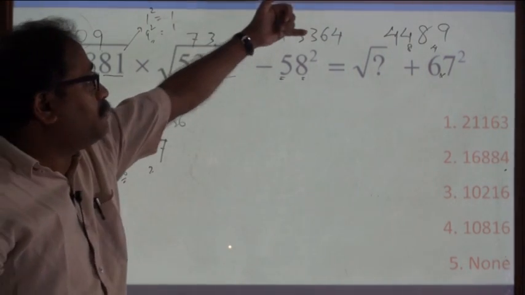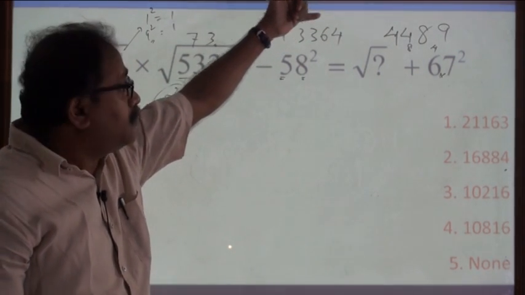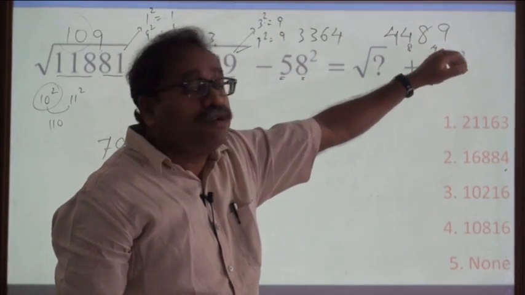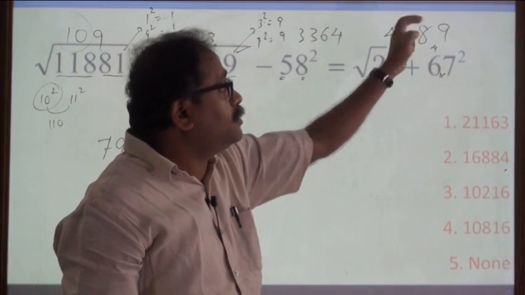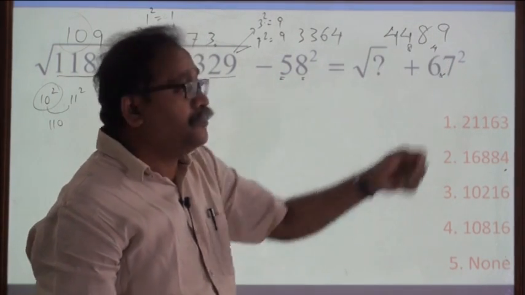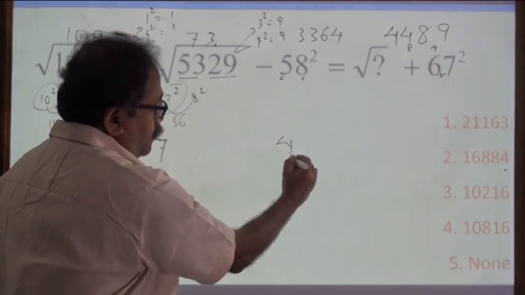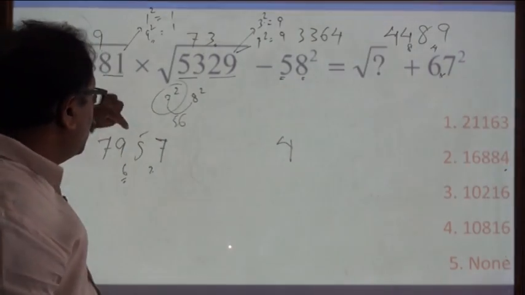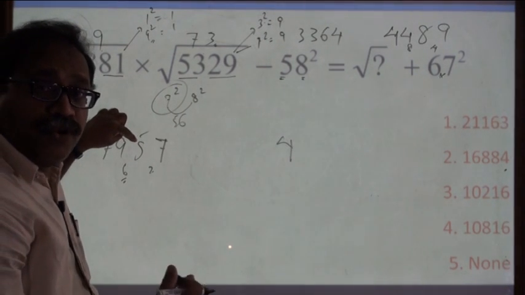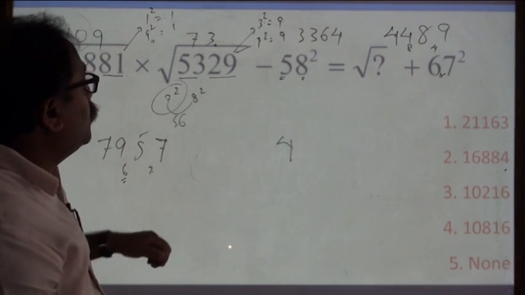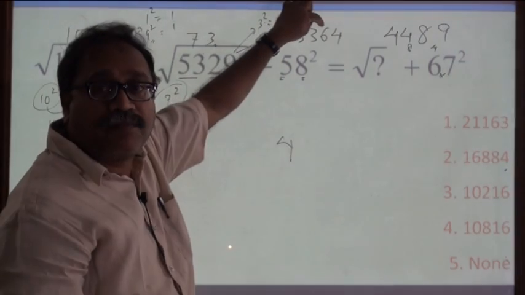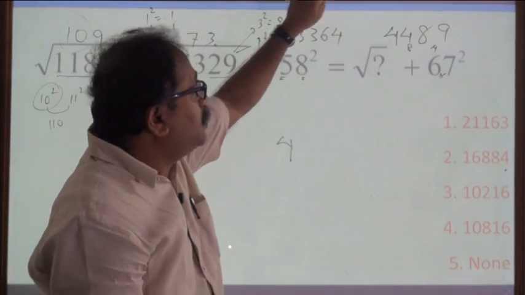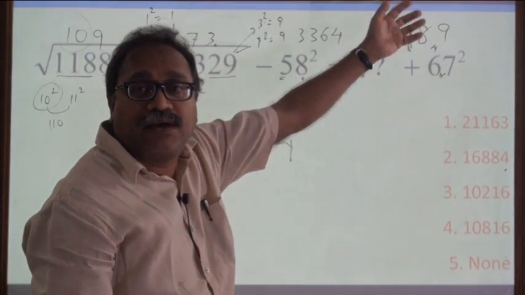7 minus 4 is 3. Yes, 3. And 3 minus 9 is not possible, so I will take it as 13. 13 minus 9 is 4. So this is 4. As I have taken 13 there, this 5 will become 4 now. Now 4 minus 6 is not possible, so I will take 14 minus 6, which is 8. 8 minus 8, that's 0.